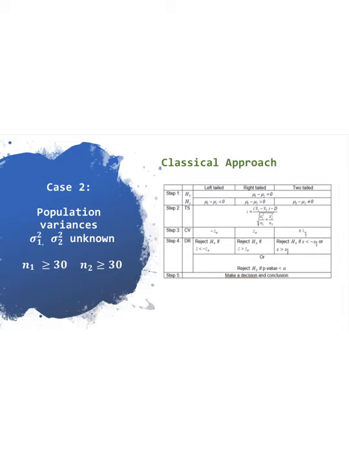Cuma saya nak highlight kat sini dia punya test statistik. Test statistik dia berbeza: x bar 1 minus x bar 2 minus d over square root of s1 square over n1 plus s2 square over n2. Okay, bezanya sebab kita tak tahu kan. So, dia punya formula dia adalah s instead of sigma.